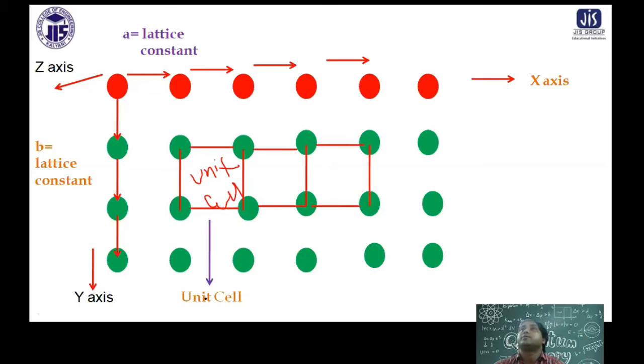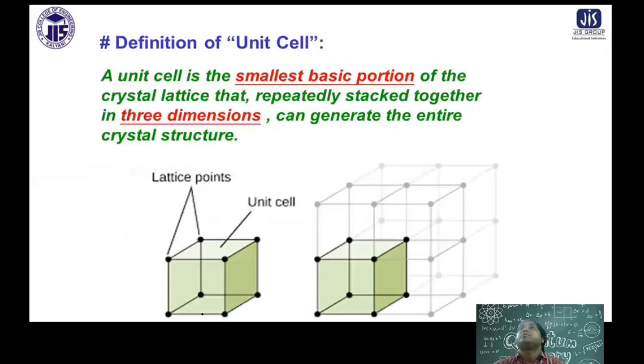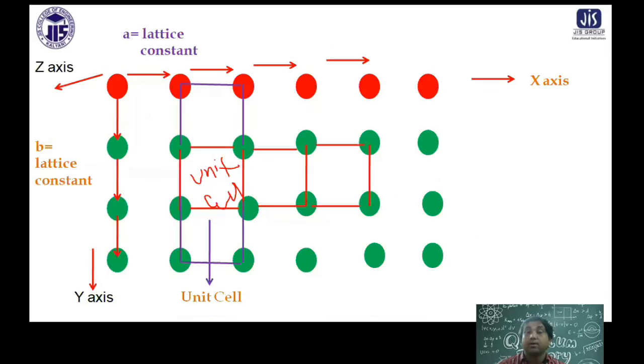Now it's repeated along x direction. You can see it repeated in the y direction like this. Now come to the definition of unit cell. Unit cell is the smallest basic unit, because everything is 3D now.